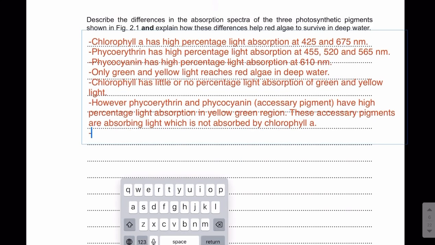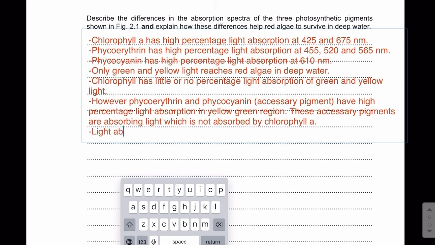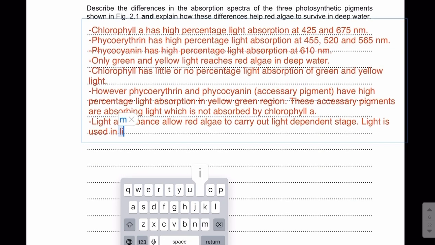So what we can say is that light absorbance allows red algae to carry out light dependent stage, because light is used in light dependent stage, right?